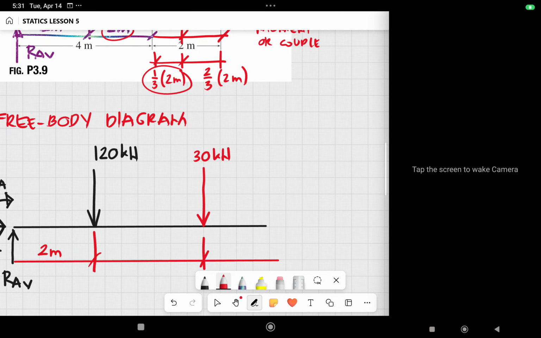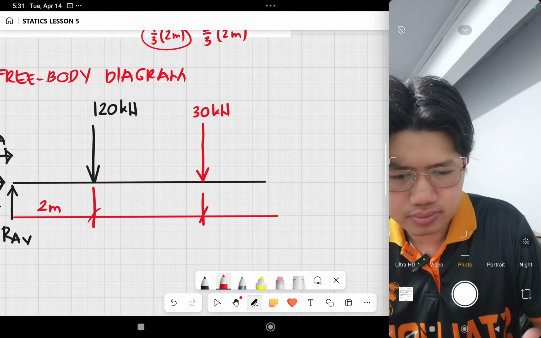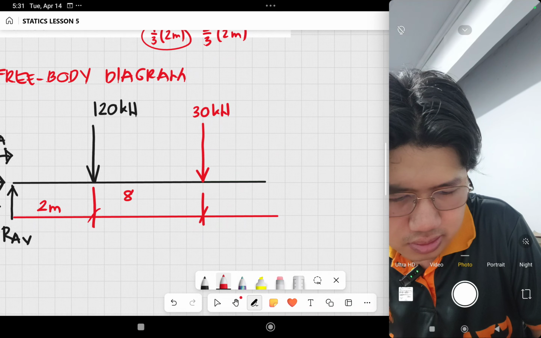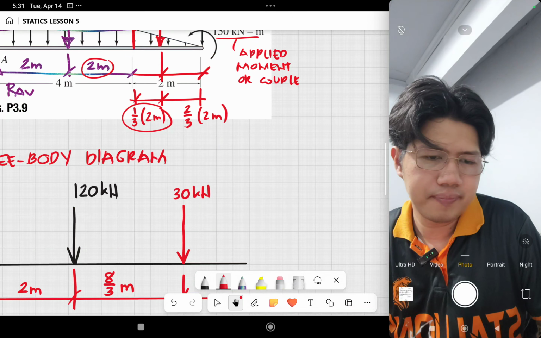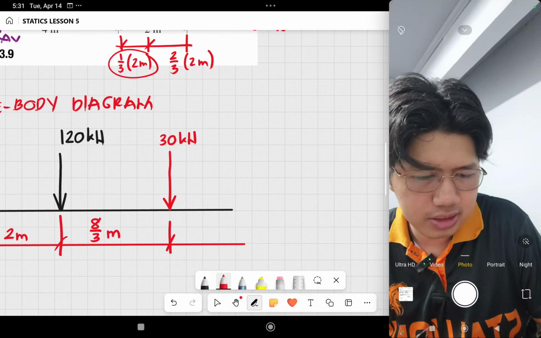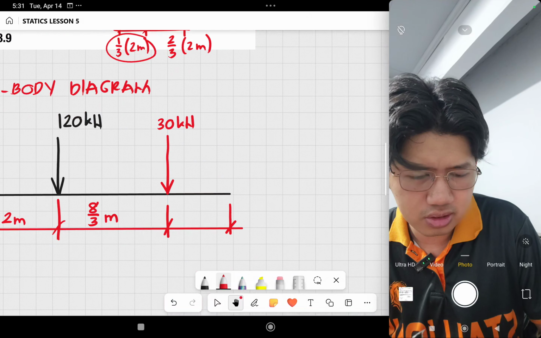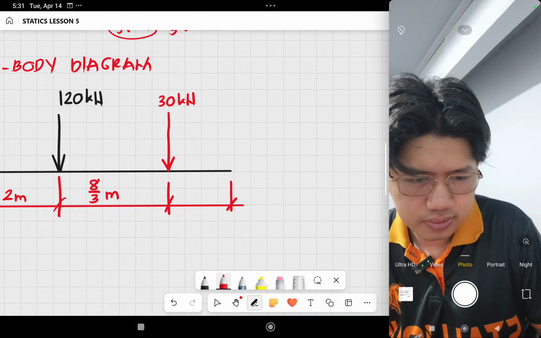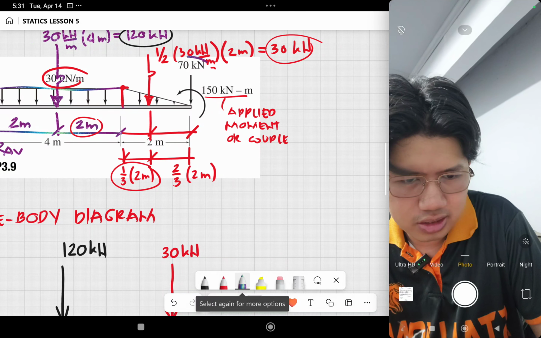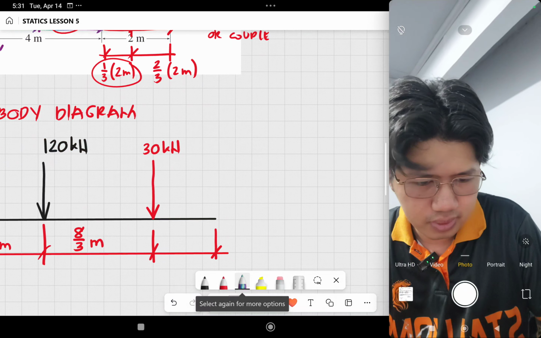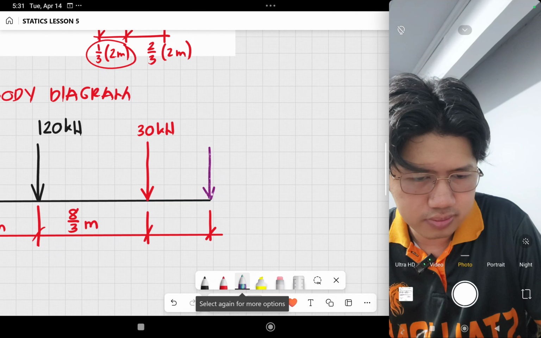So that is 8/3 meters. And then lastly, dito, wala namang support doon. So, pero meron tayong mga applied concentrated forces na 70. So, reflect natin. Meron tayong 70 kilonewton.